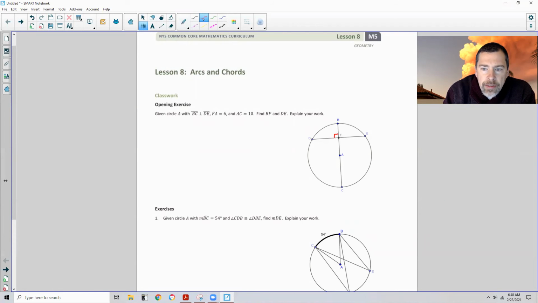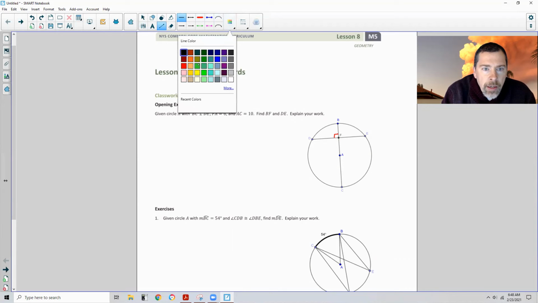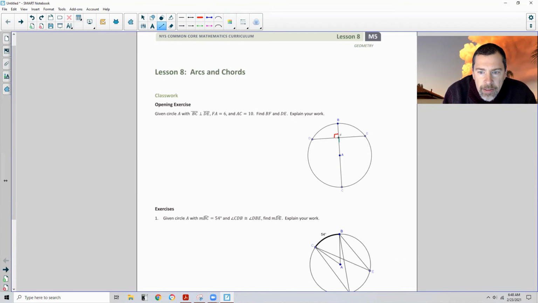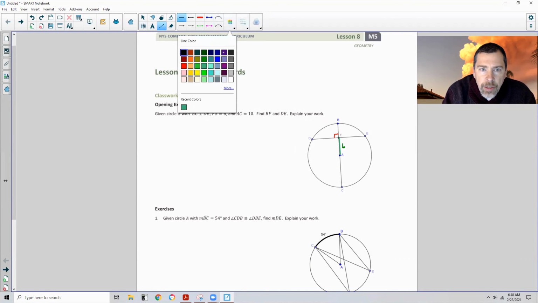FA equals 6. Here, let me do it correctly. Let me use my segment. All right, so FA, that is right here. That is 6. AC equals 10. Okay, so let me color code that.